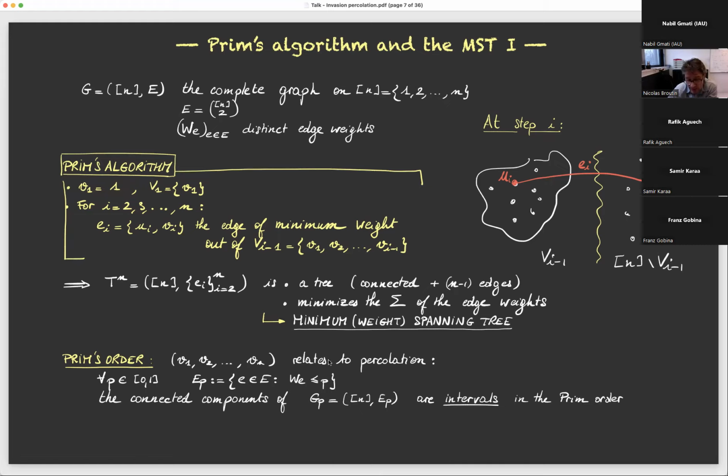That means that if I increase P, I will always connect intervals that are next to each other. And because of this, there's a way to actually maybe see the coalescence if you explore it in this order. Okay, so first we'll see why it should be true.